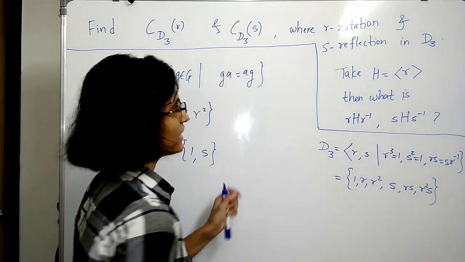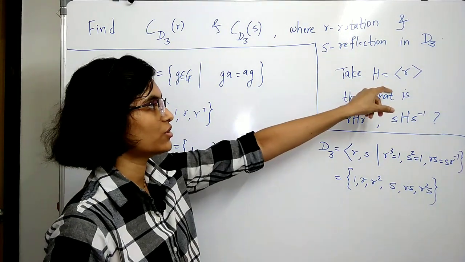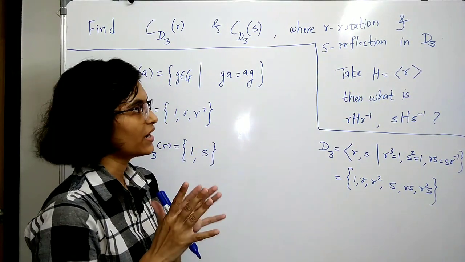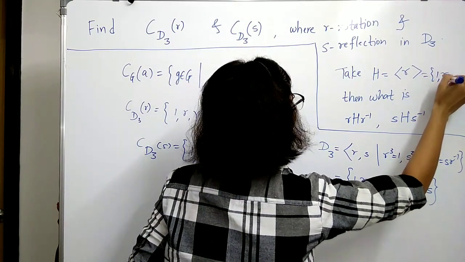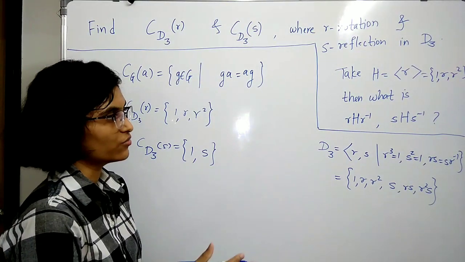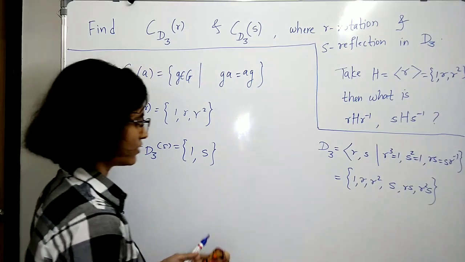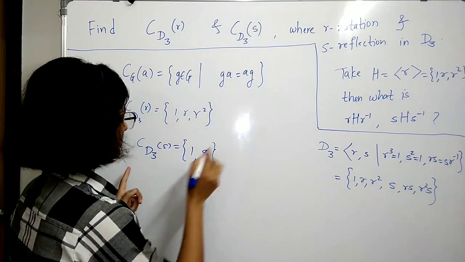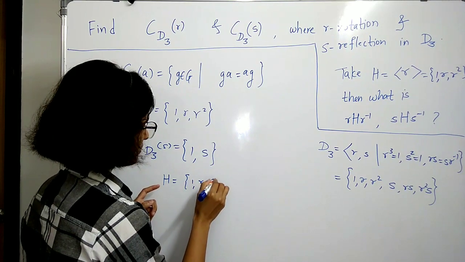Now let us look at the next question. If we have this H is equal to the subgroup generated by R, that means it is just equal to {1, R, R square}, then what is R H R inverse and S H S inverse? So here just note that this H is {1, R, R square}.